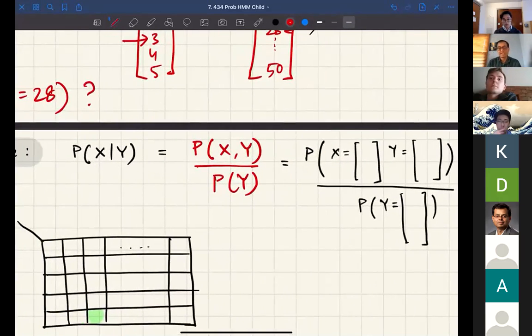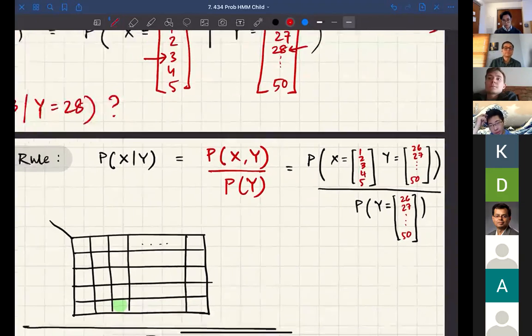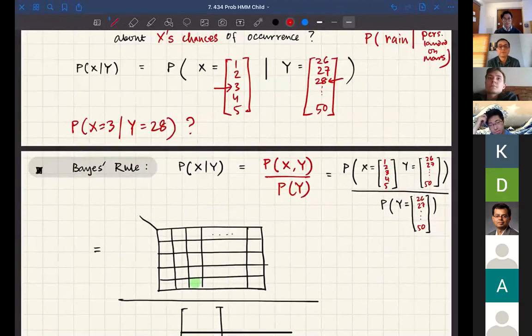So then I'm going to write this as a vector. I'm going to say P of X equals 1, 2, 3, 4, 5. And Y is 26, 27, so on till 50. And P of Y is again 26, 27, so on till 50. Are you with me?